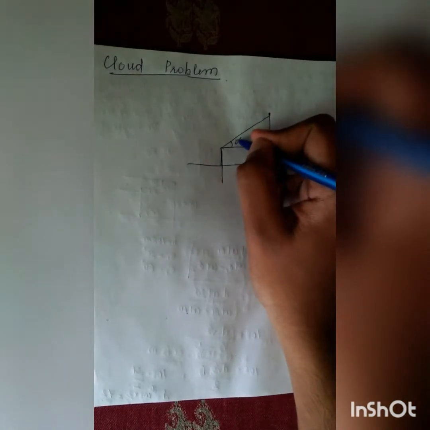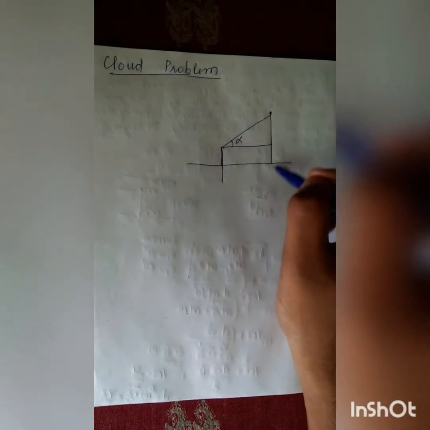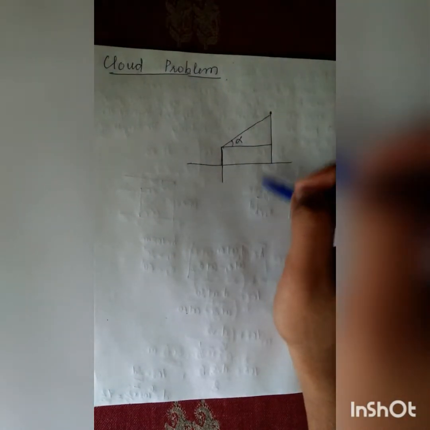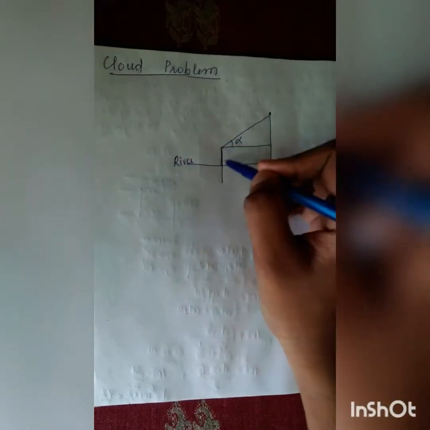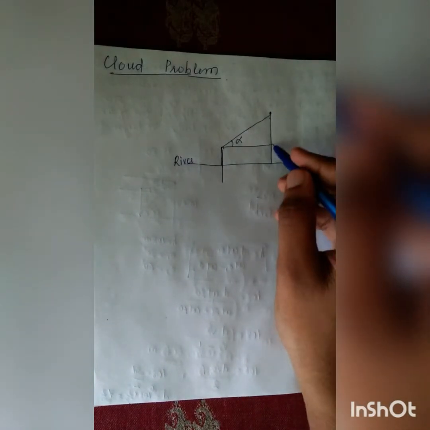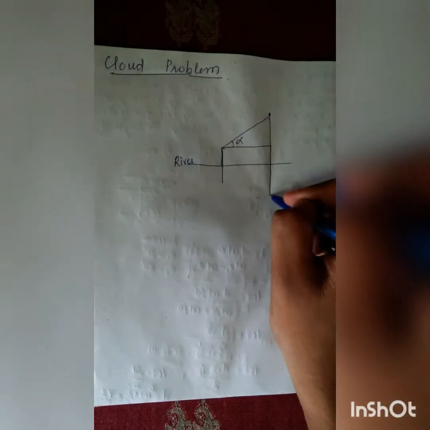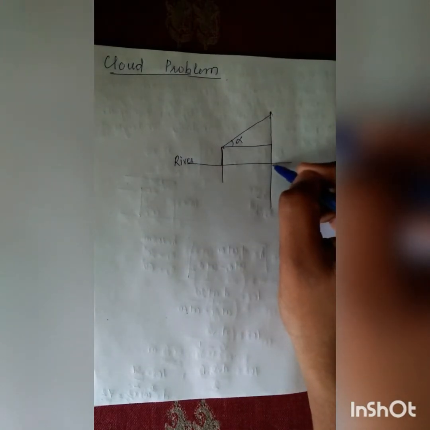Let us consider it as alpha. Now we are given its reflection in the river. So let's consider this is a river. On the top of the river we are seeing a cloud, and we will find the reflection just below, equal in distance from the top and the bottom.